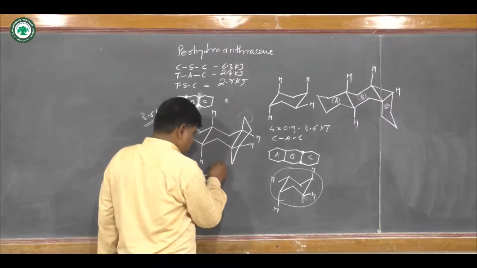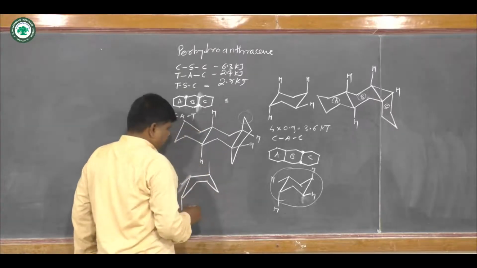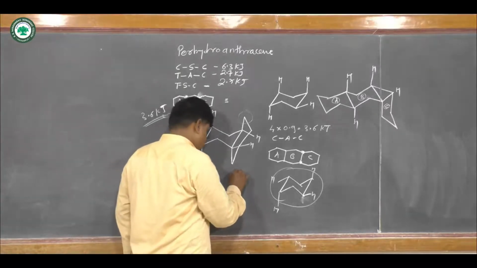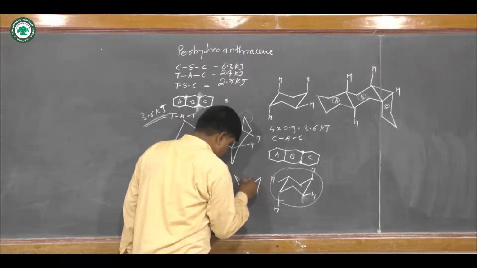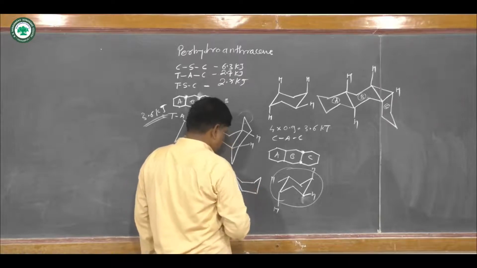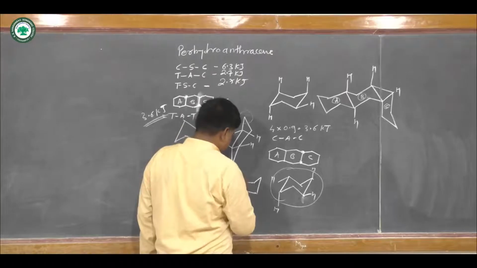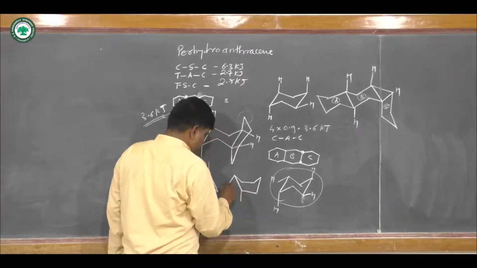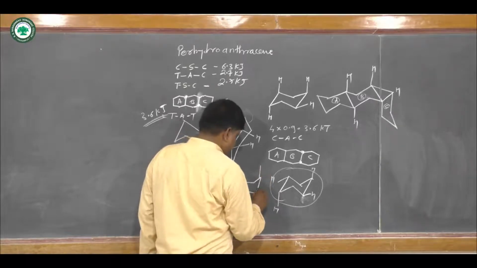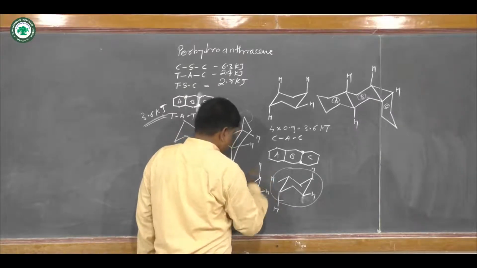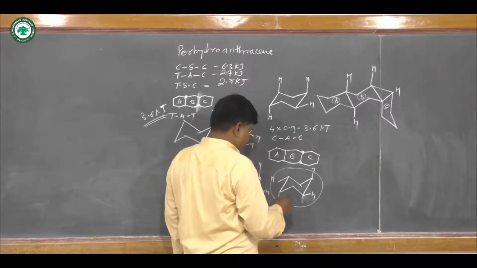And here also both the bonds are below the plane. Then in another way we try to write here. Suppose this is one of the boat conformations. At that time here we write the structure. Suppose these two bonds are below the plane and these two bonds are above the plane. That is not possible. So we try in chair conformation also.